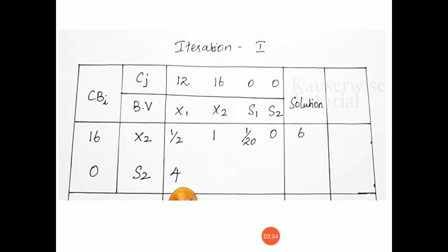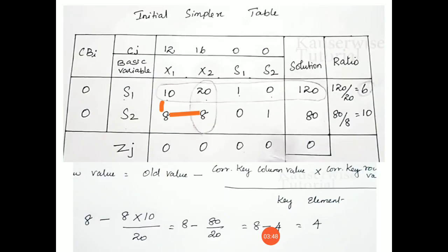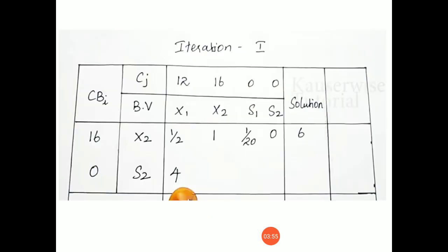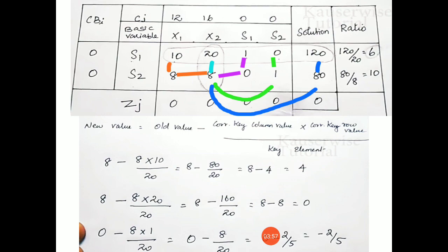Now if I need to find the second element in the S2 row, which is below the x2 variable, again I use the same formula: new value is equal to old value minus corresponding key column value into corresponding key row value divided by key element. In the next slide, I have shown it. For the second element, I have used the turquoise color to make it more convenient for you to understand.